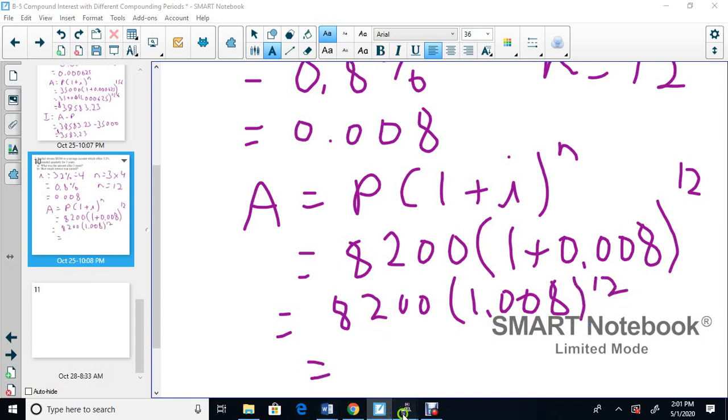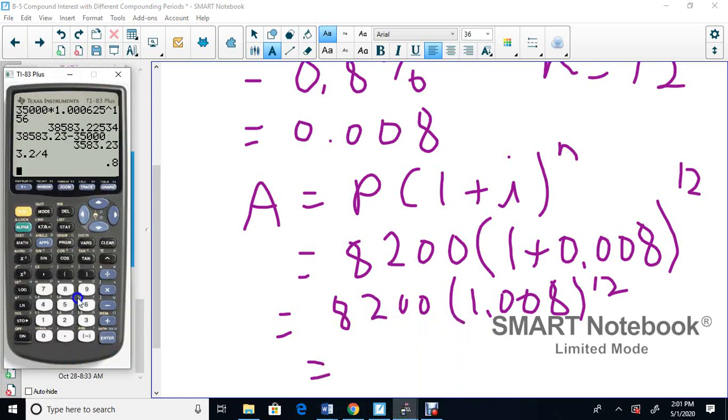So go to the calculator here. 8200 times 1.008 to the power of 12, and we get 9022.777.